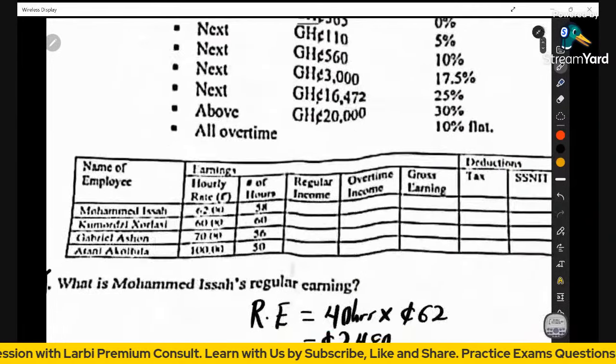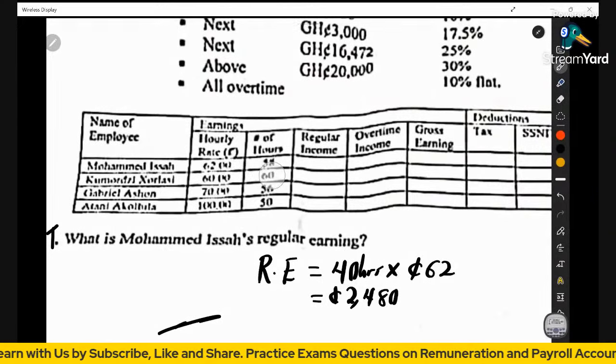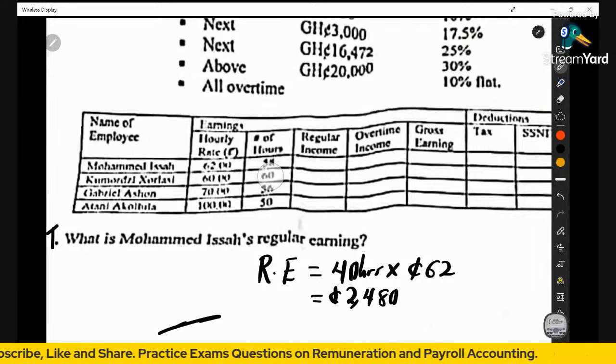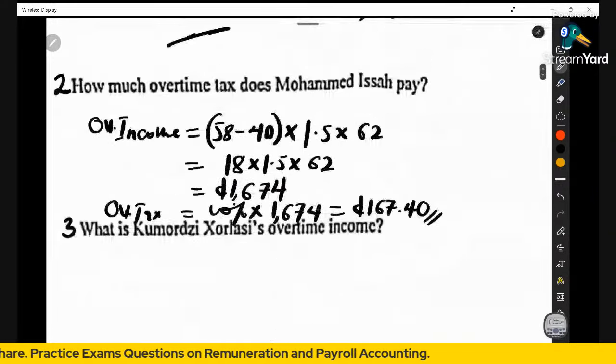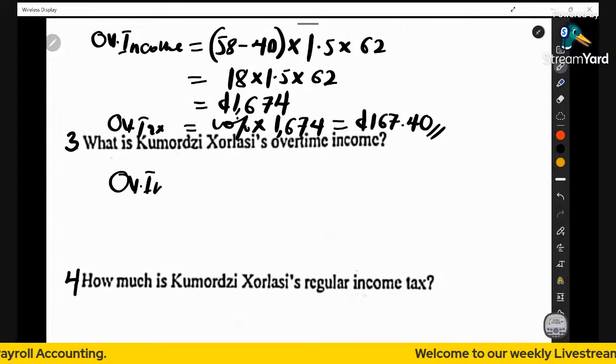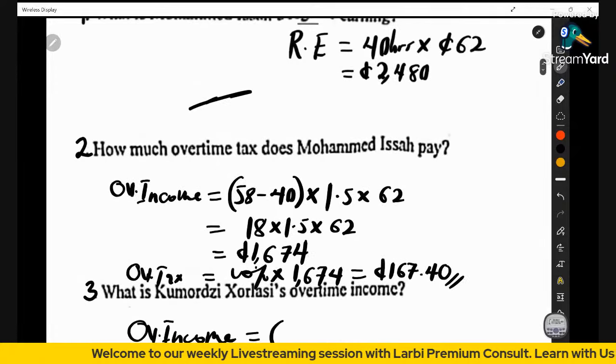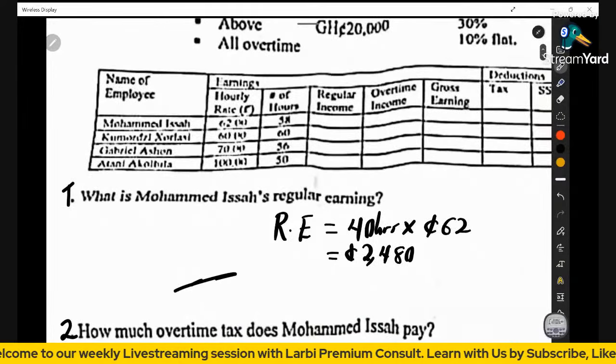The actual hours for Zolazi was 60 hours. You can see here, 60 hours. So we compare that to the 40, which is the standard hours for the organization. So the overtime income for Zolazi should be equal to, remember, Zolazi worked for 60 hours.